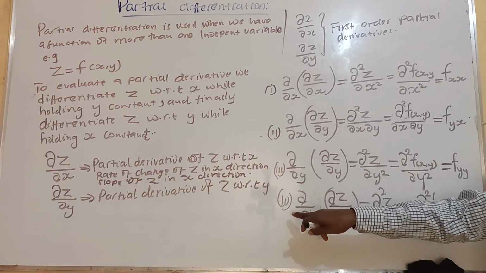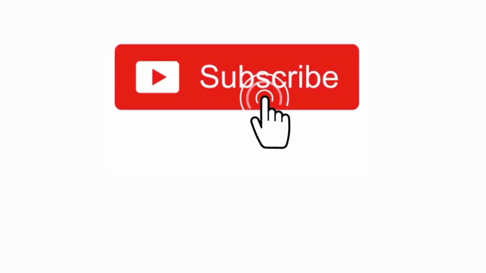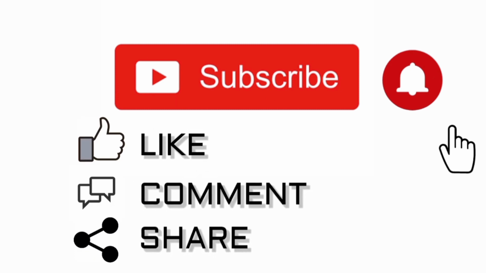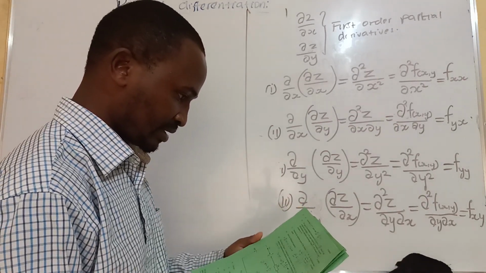Number 2 and 4, they are called mixed derivatives because they are mixing the derivatives: first with respect to y and then with respect to x, first with respect to x and then with respect to y. Sometimes these two are equal, sometimes they are not. Now, we can try to solve a number of problems in the exam. I hope we can find some basic examples that we can start with.